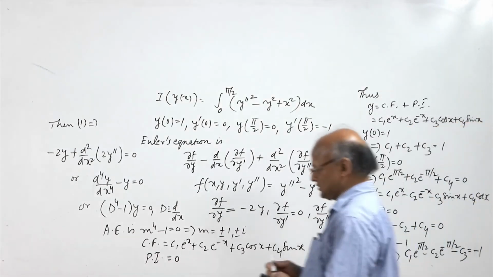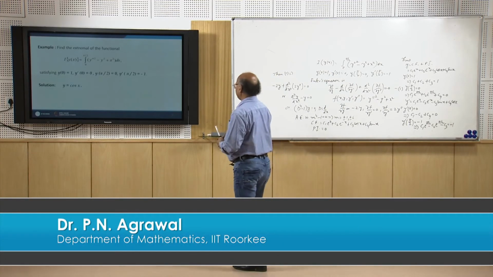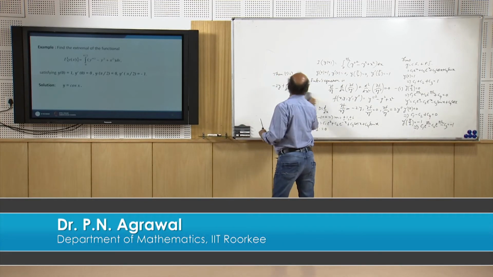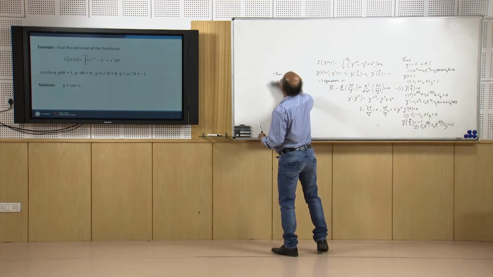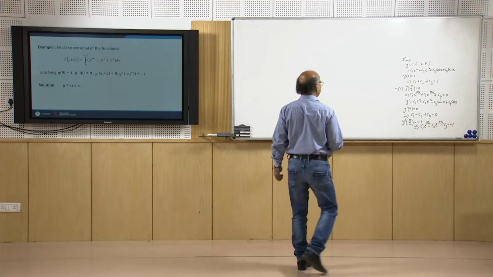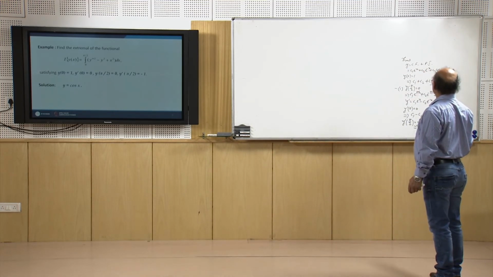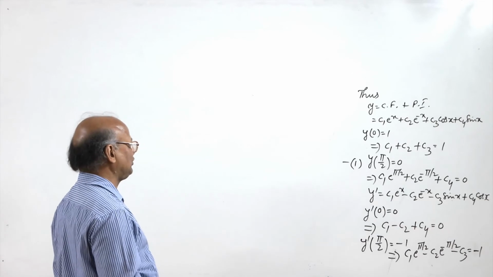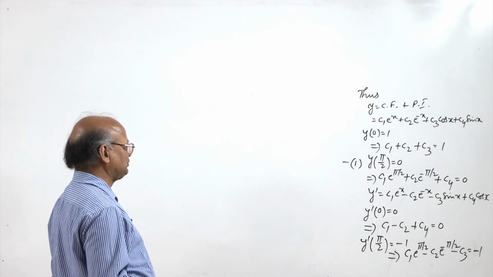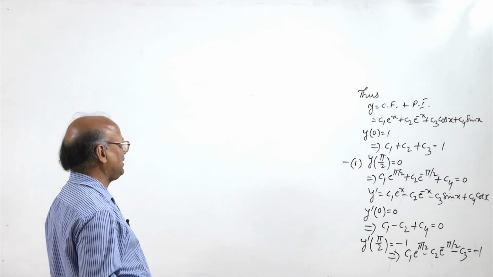So thus we have these four equations. We can solve them for the values of c1, c2, c3, c4. We have c1 plus c2 plus c3 equal to 1, c1 e to the power pi by 2 plus c2 e to the power minus pi by 2 plus c4 equal to 0, c1 minus c2 plus c4 equal to 0, c1 e to the power pi by 2 minus c2 e to the power minus pi by 2 minus c3 equal to minus 1.